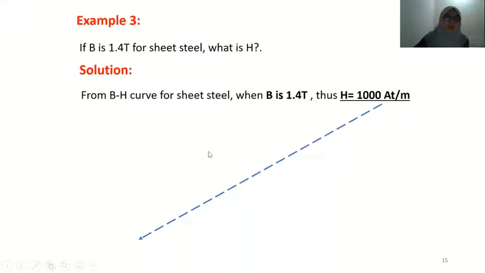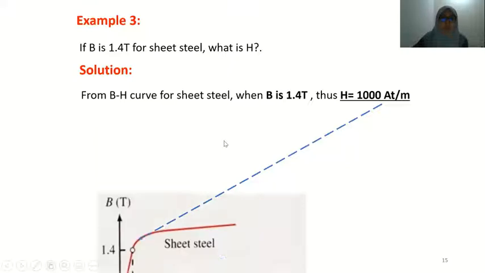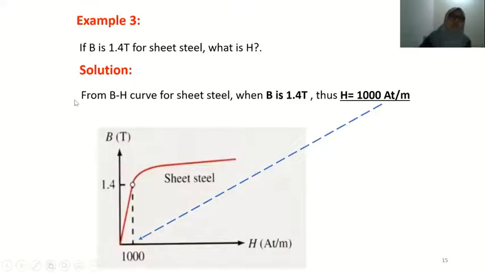In example 3, if B is 1.4 Tesla for sheet steel, the material is from the sheet steel. So what is your H? From the BH curve for the sheet steel, your B is given as 1.4.